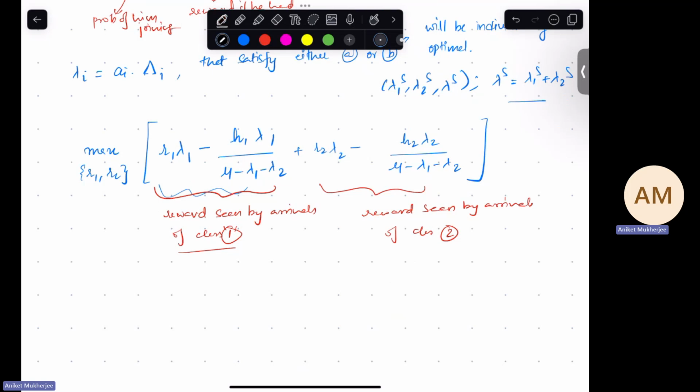The constraints remain the same: lambda equal to lambda 1 plus lambda 2, and lambda 1 and lambda 2 are greater than or equal to 0.